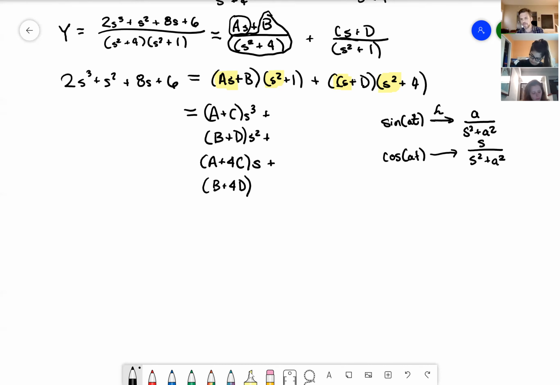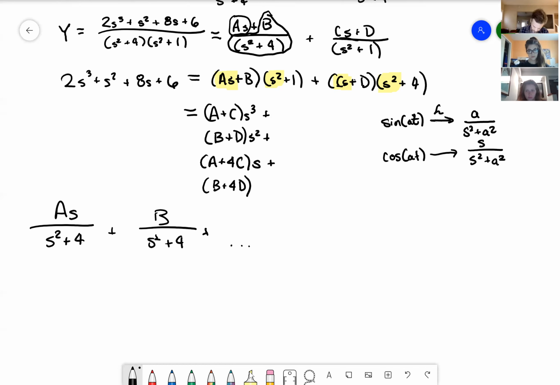And that should be enough to figure this out for us. So once we figure out what a is, we'll have as over s squared plus 4 plus b over s squared plus 4. And then the same thing for cs plus d, right? We'll go through those steps.